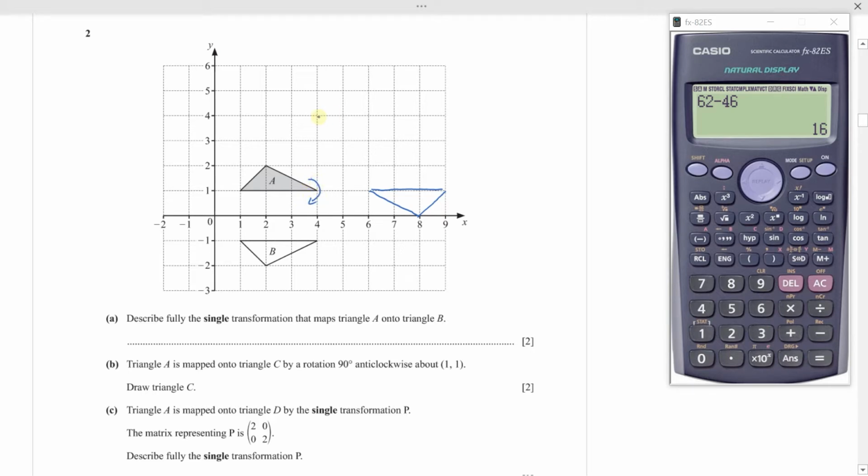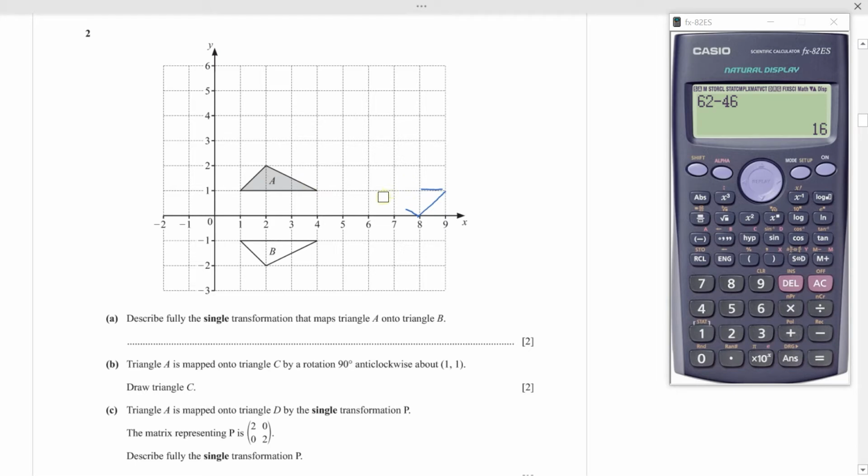So after 90 degrees, it will look something like this, right? And then another 90, it will look like this, which is 180 degrees. So the longer side is on this side and the shorter is on this side. But in triangle B, I have the shorter side on the left and the longer side on the right side, which is opposite of this. So that means this is a reflection.